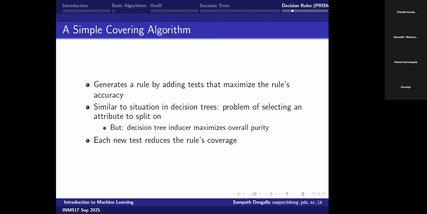But we have a bit of a problem here as well, right? How do you maximize the rule accuracy? It's like identifying an attribute. We need to find out the split point, right? So when you put up a new test, it should improve the overall accuracy. That's what we are trying to do here.